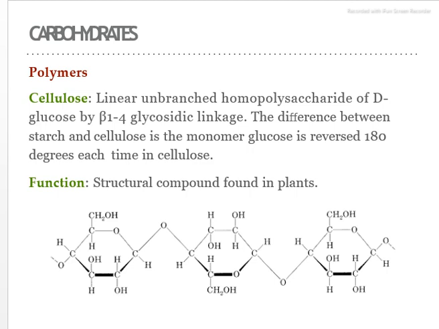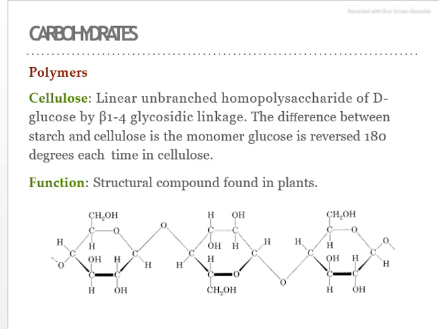So the next polysaccharide is chitin. Okay, chitin is very important. It is the linear homopolysaccharide composed of NAG residues. NAG means N-acetylglucosamine.